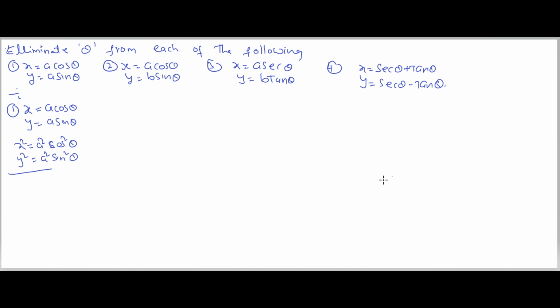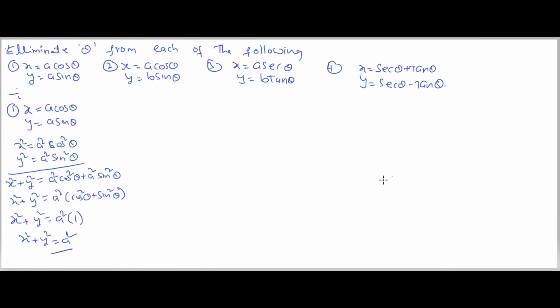Add these two equations, that is x square plus y square is equal to a square cos square theta plus a square sin square theta. So x square plus y square is equal to a square into cos square theta plus sin square theta. Cos square theta plus sin square theta is 1, so x square plus y square is equal to a square into 1. Therefore x square plus y square is equal to a square.